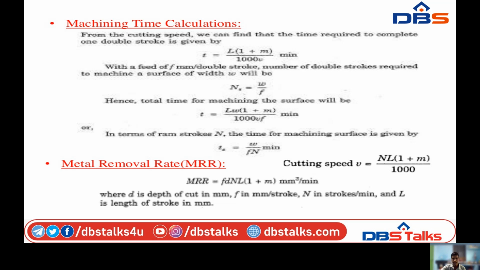Here D is the depth, F is the feed in mm per stroke, N is the strokes per minute, and L is the length of stroke. In these machining time calculations, one of the important factors is the material removal rate. We find the MRR in all machining operations.